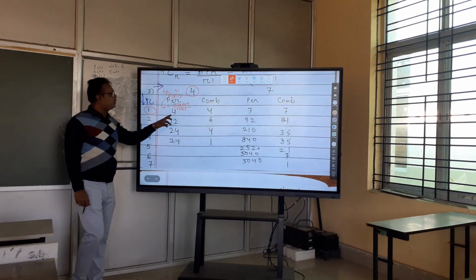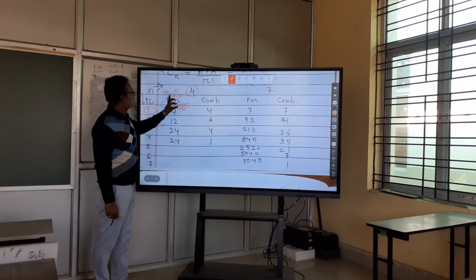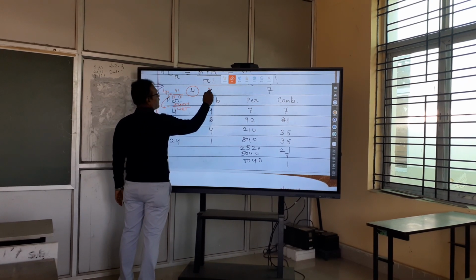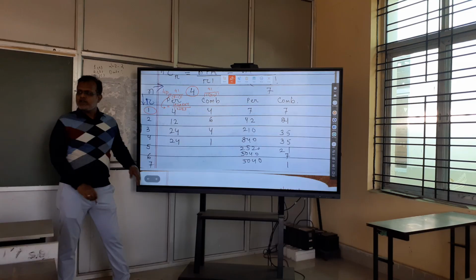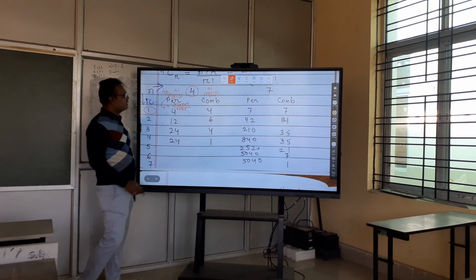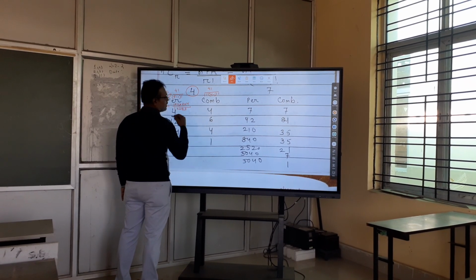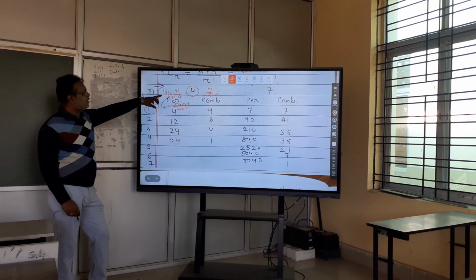Now, what is the combination? You divide 4 factorial divided by 4 minus 1 factorial and 1 factorial. 1 factorial is 1, so you divide 4 by 1. So these two are identical for 4.